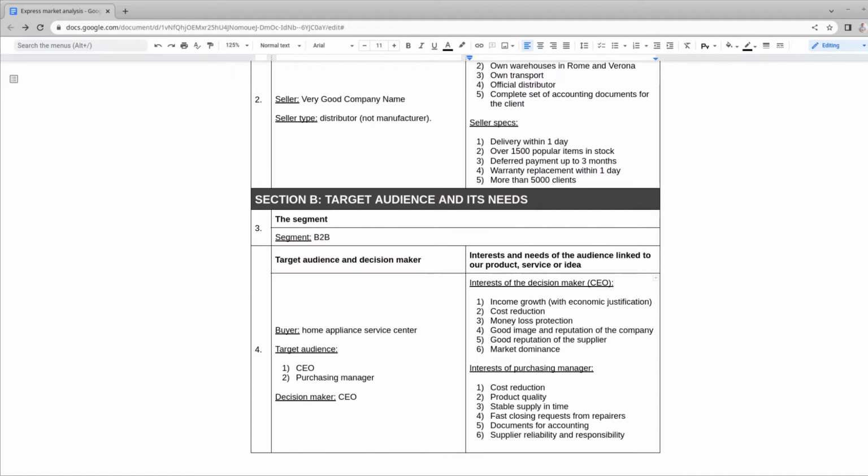Please note, if we work with different audiences in different segments, for example, B2B wholesale and B2C retail, then we need to do a separate analysis for each segment. Also, different analyses need to be done if we have completely different target groups in terms of needs and interests. In our example, we work in the B2B segment and have 2 target groups whose interests overlap, complement and affect each other. Therefore, we consider them in one analysis.